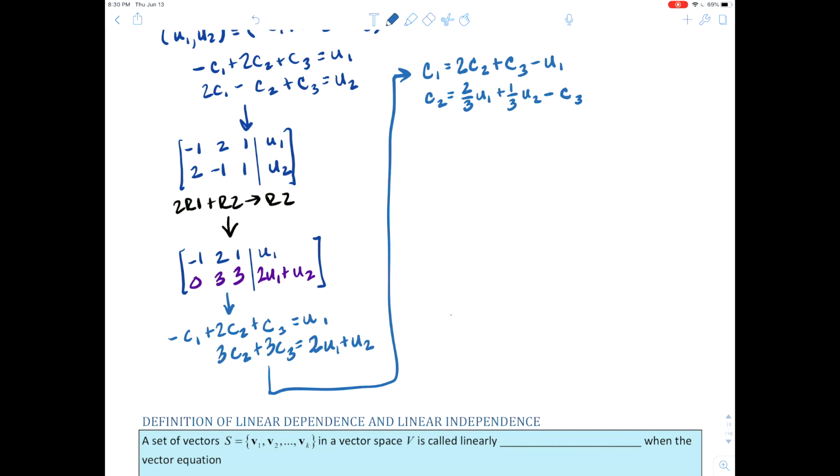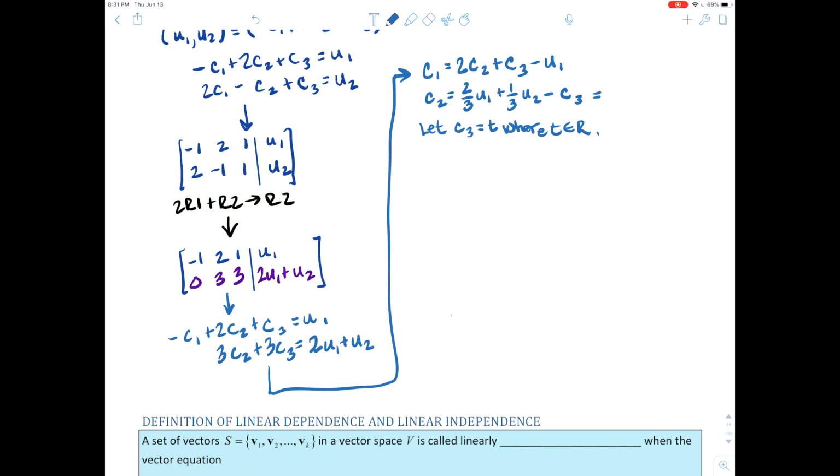All right. Now, let's check this out. Why don't we let c3 equal t, where t belongs to the real numbers, okay? So what's going to happen? Well, let's work with that.